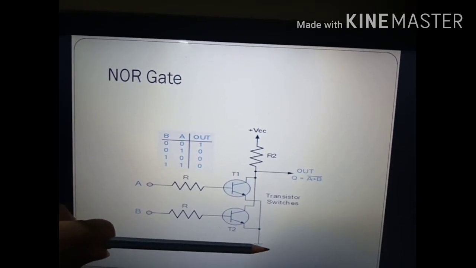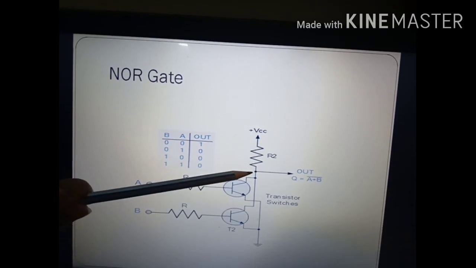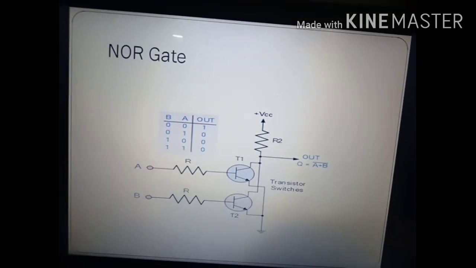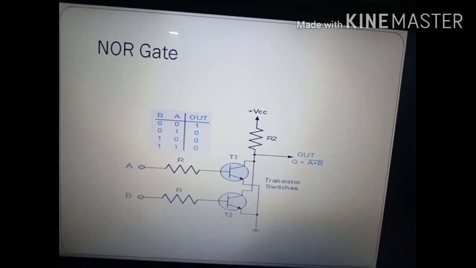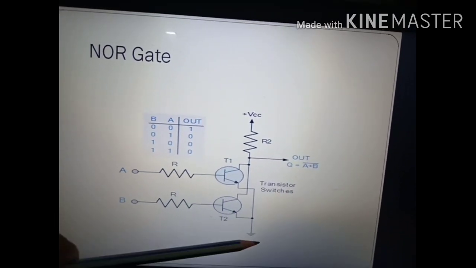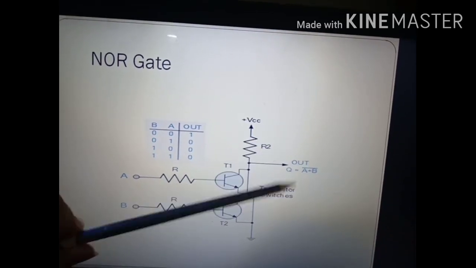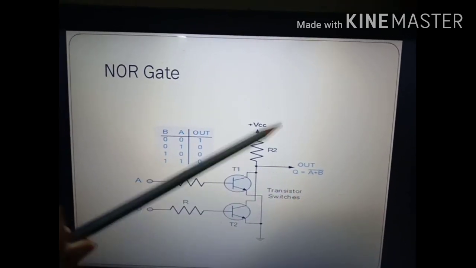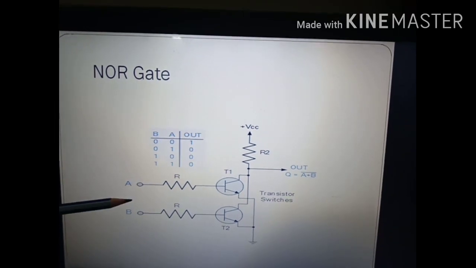The potential difference between this point and this point remains same, as the equivalent resistance of the transistor is very much lower, very much negligible. So the potential difference between the ground point and this point remains same. So we get the output 0 due to B equals to 1, A equals to 0.